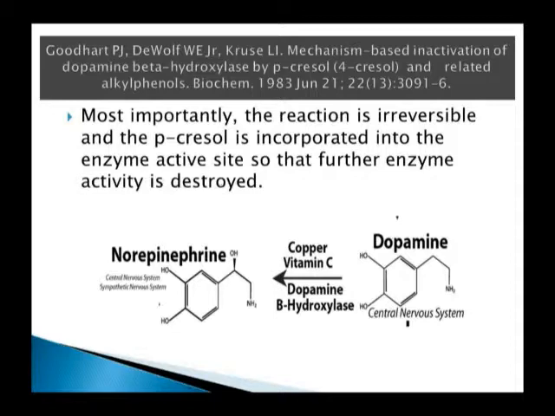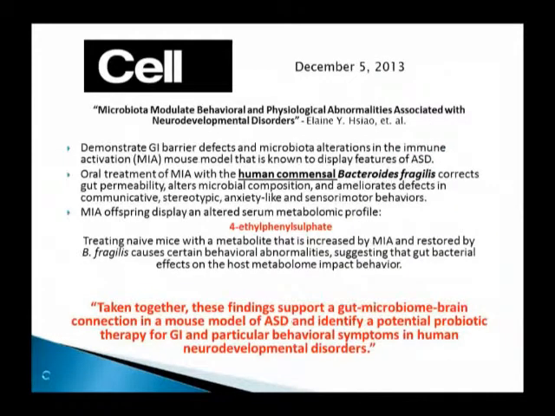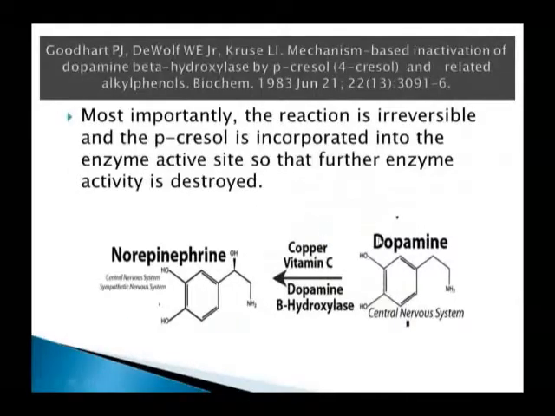Now, one thing here, and this is one of those things that, let me go back, and I don't have it written here, but I want people to understand this. Normally we need copper and we need an adequate supply of vitamin C to help activate the dopamine beta hydroxylase enzyme to work.